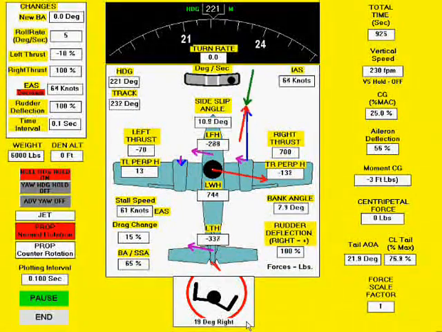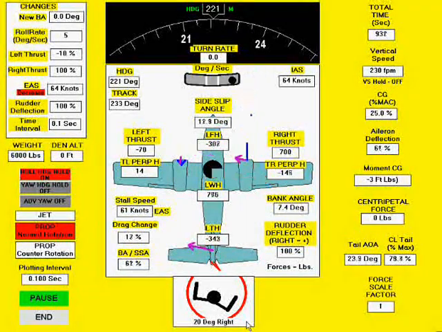Approaching stall speed, observe the large wheel deflection versus the relatively small bank angle.